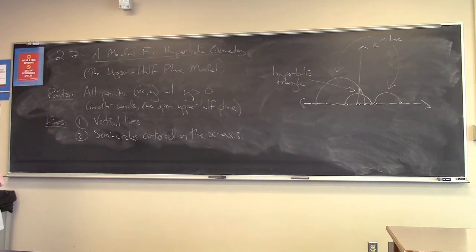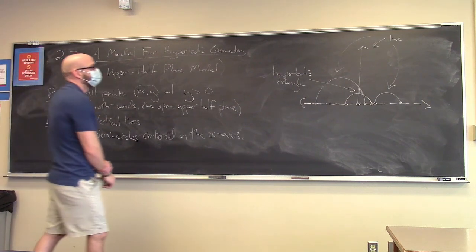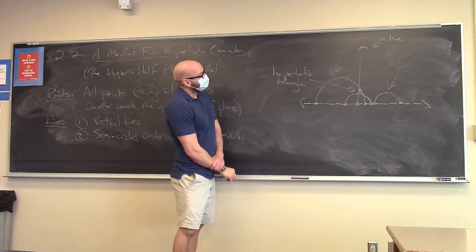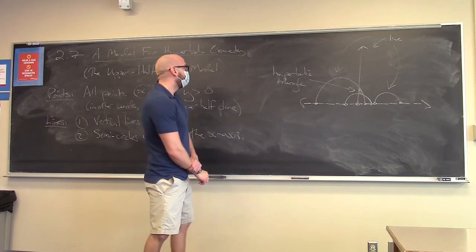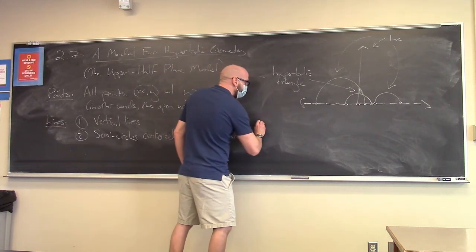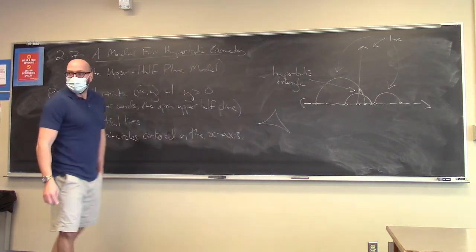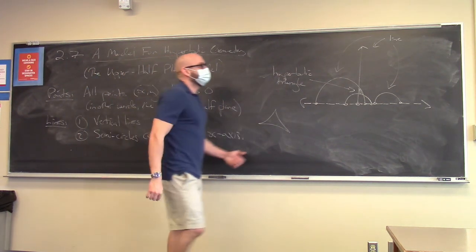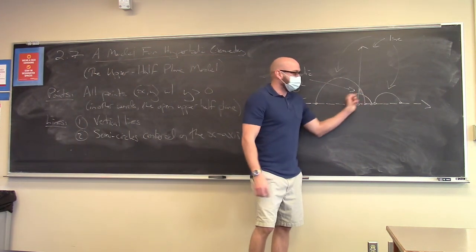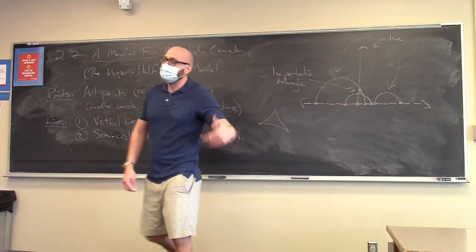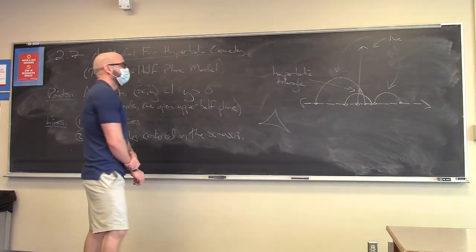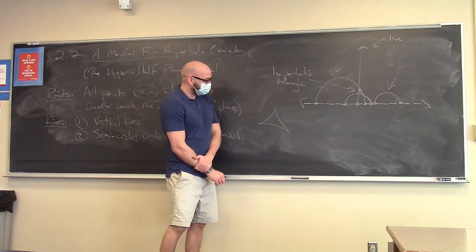It's kind of small. I could have drawn it a bit bigger, but that is a hyperbolic triangle. And throughout this class, when I draw examples of hyperbolic triangles, I'm typically going to draw them something like this, with these curvilinear edges, because in hyperbolic models, your edges are sort of parts of these Euclidean semicircles, right? So this is why I'm going to draw my triangles looking like this.